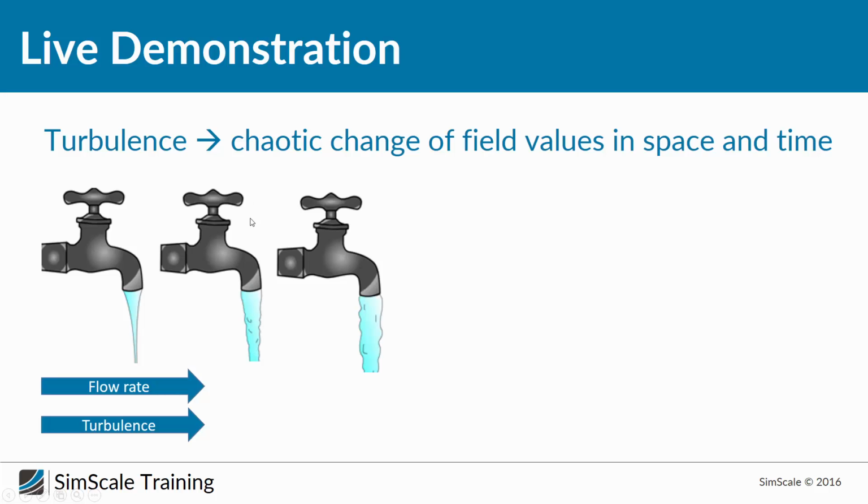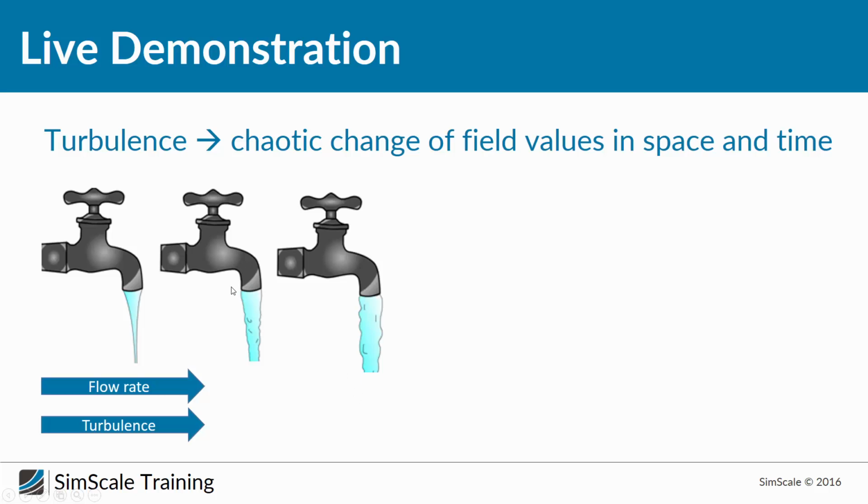If we now increase the flow rate by opening this valve more and more, we see that the higher the flow rate is, the more chaotic the flow seems to be. So it changes its shape transiently. You would then see it changing its diameter here, and as I mentioned, the higher you increase the flow rate, the more turbulence will occur.